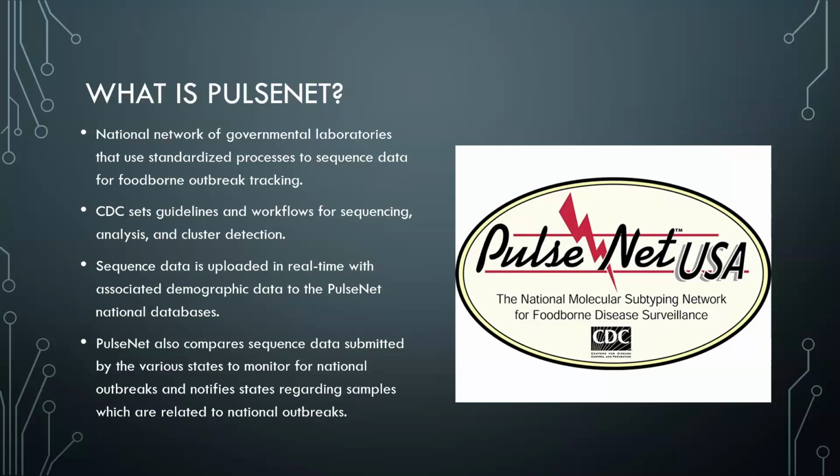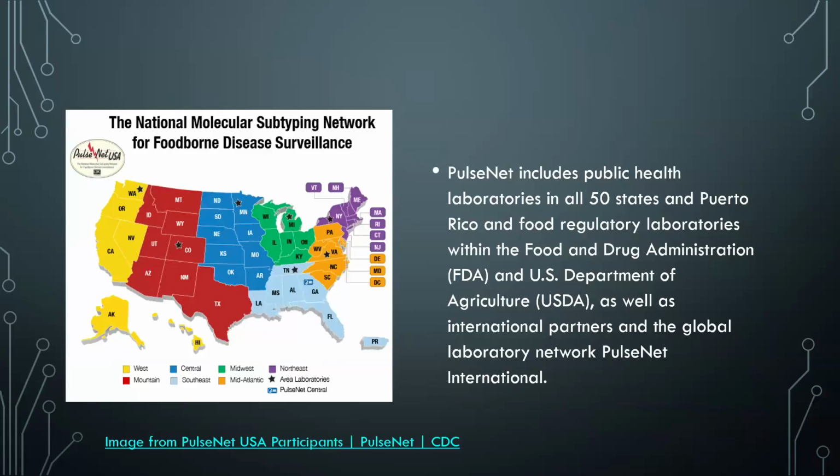PulseNet then uses comparisons of that data to monitor for national outbreaks and notify states regarding those national outbreaks if their samples are related. PulseNet is made up of laboratories in all 50 states and various regional territories, such as Puerto Rico. They also partner with some food regulatory labs, the FDA and the USDA. We also have some international partners through the global PulseNet International lab network.